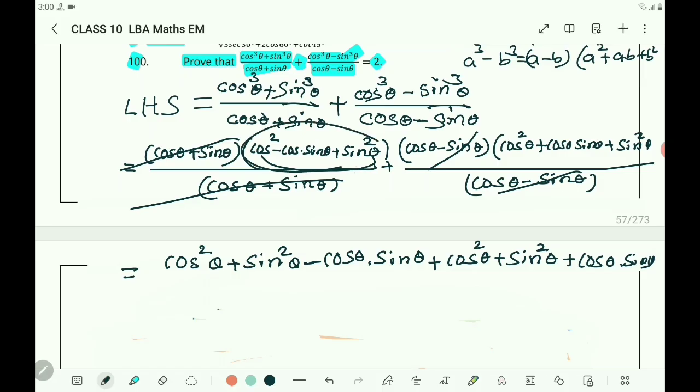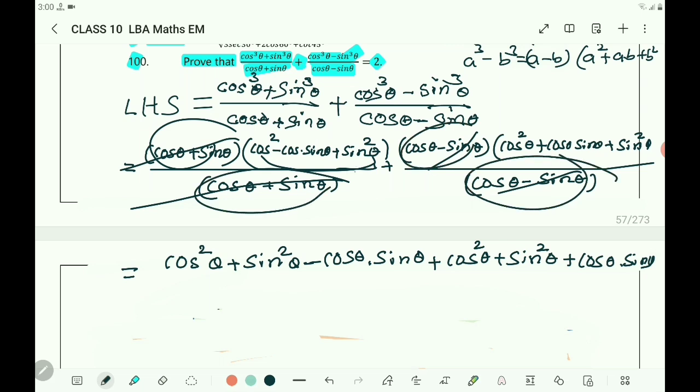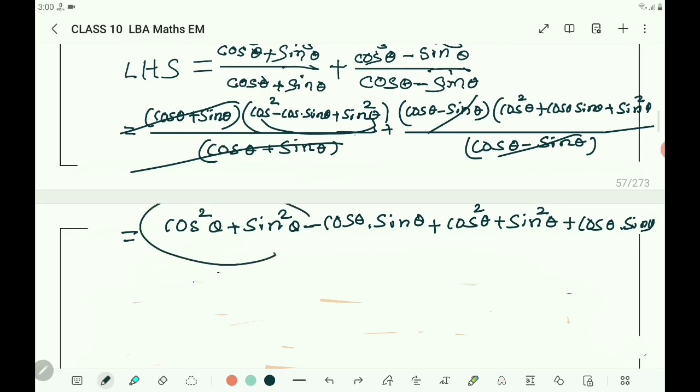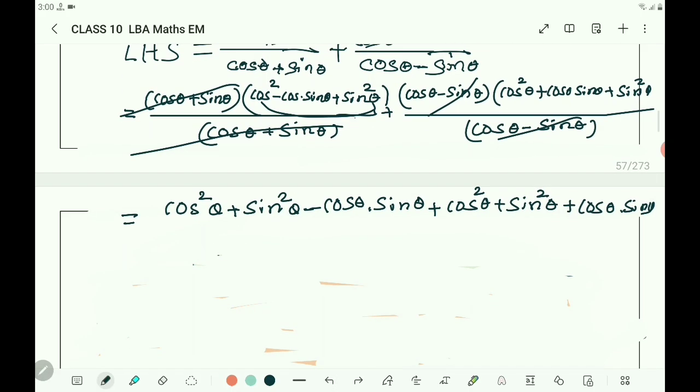Now cos square theta plus sin square theta is 1, and minus cos theta sin theta and this plus cos theta sin theta cancels. You can cancel these two, and this is equals to what? Cos square theta plus sin square theta, that is also 1. 1 plus 1 equals 2.